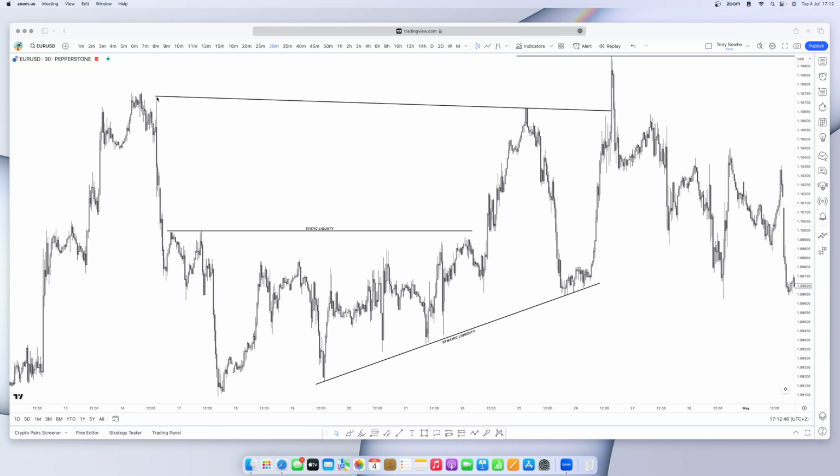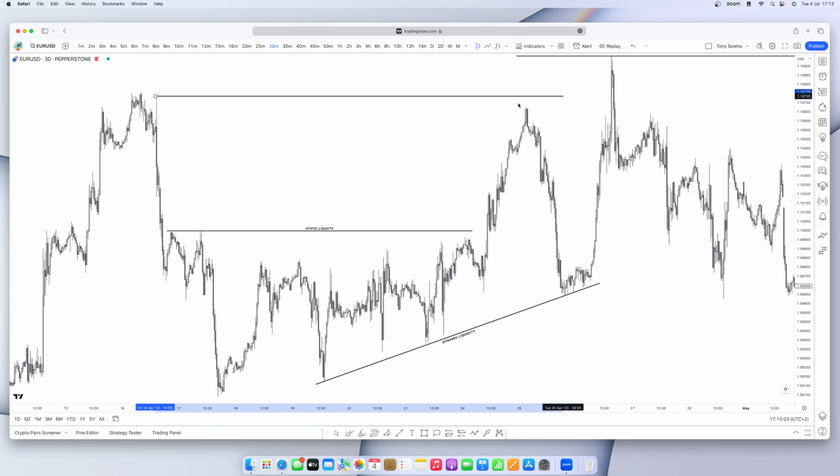Price rejected from this area at 1.10735, and in this area, price rejected from here at 1.106. So price did not really reject from the same level, so it is not really equal.